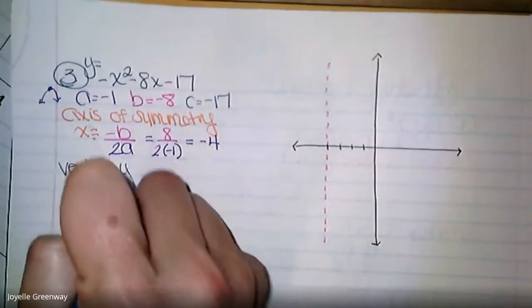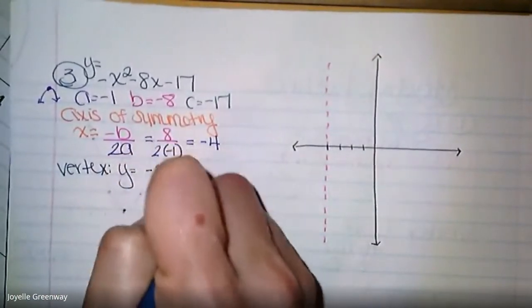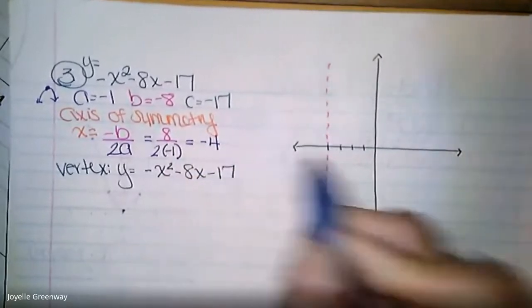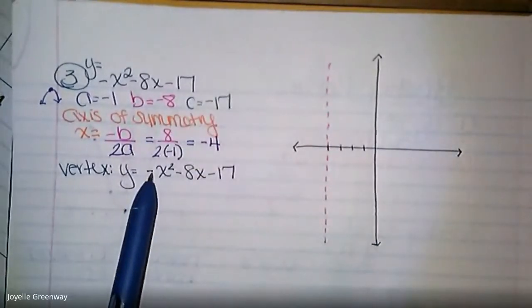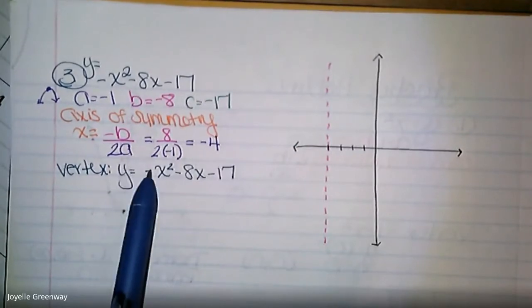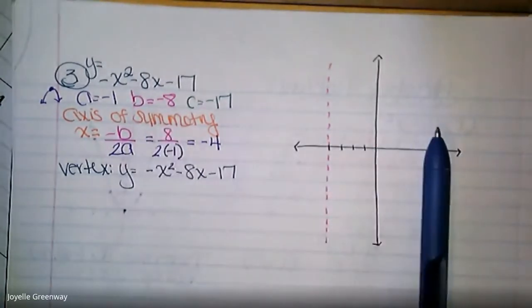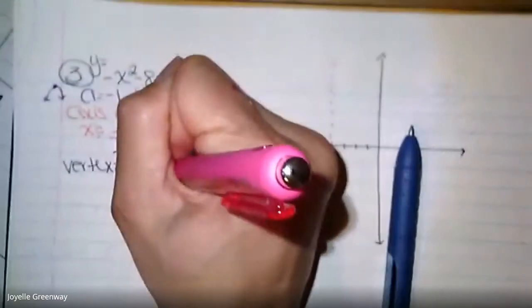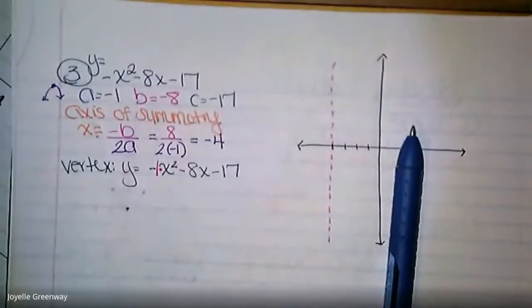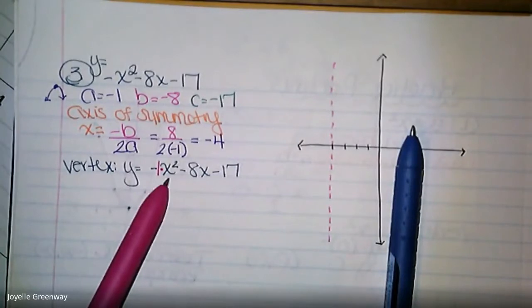So we have y is equal to negative x squared minus 8x minus 17. So this negative x squared, remember that is negative 1 times x squared. Okay, so remember I kept making a huge deal about this in the beginning of the year.